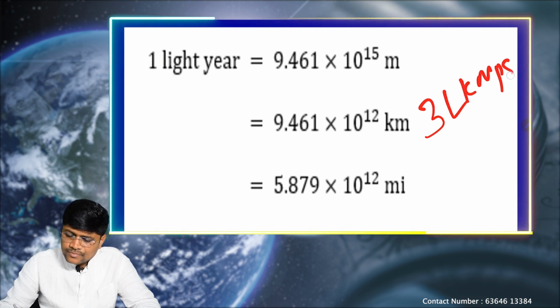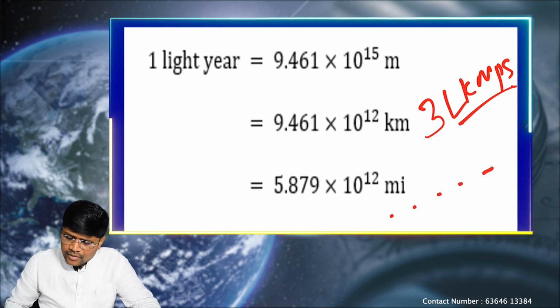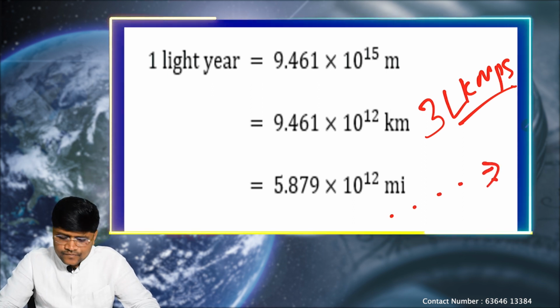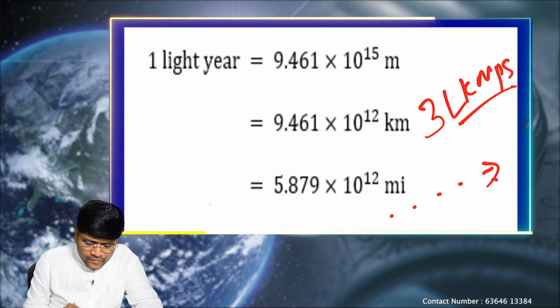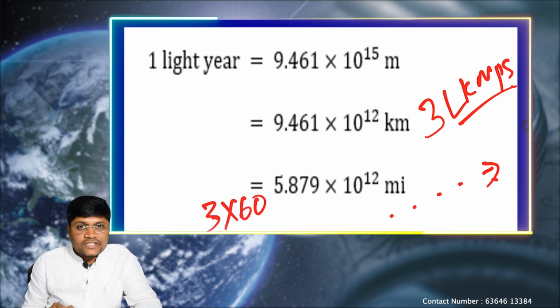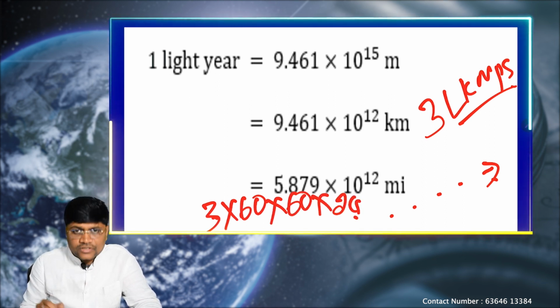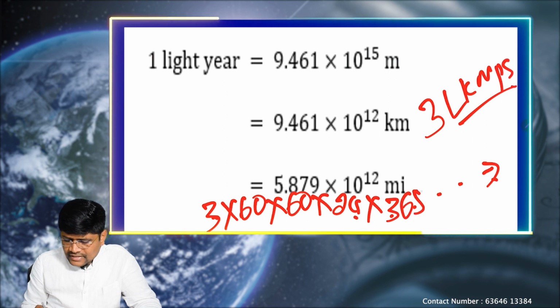A light year refers to the distance traveled by light in 1 year. That means 3 lakh kilometers every second, for 60 seconds, 60 minutes, 24 hours of a single day, and up to 365 days.